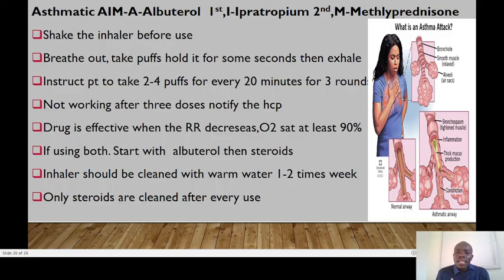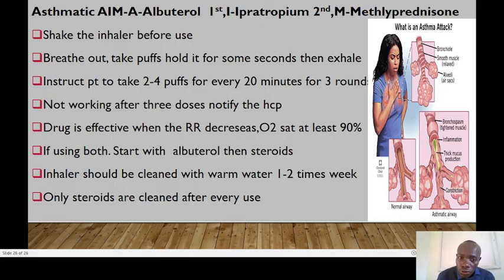Remember, we can only say that the drug is effective when the respiratory rate is decreasing. Of course, in an asthmatic attack, it is elevated. So decreasing means the drug is becoming effective. And the oxygen saturation should be at least 90%.